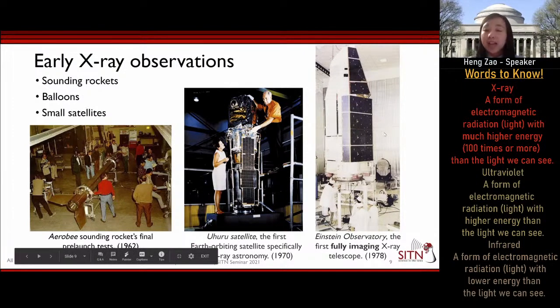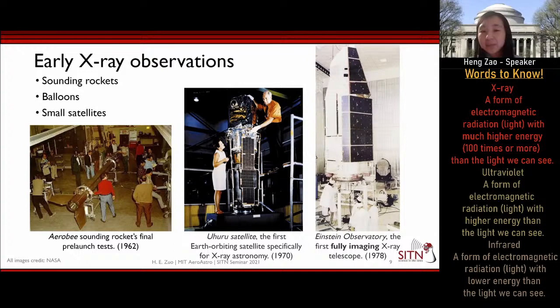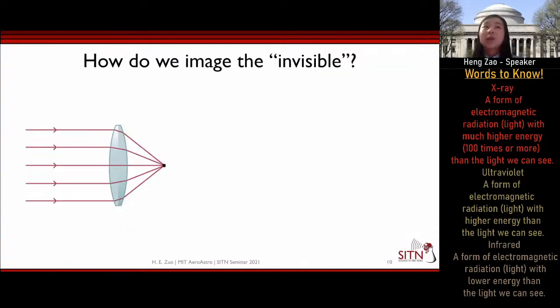So before that, we were basically only collecting photons, like collecting light, but not really looking at the stars or objects. But from this point on, we start to really try to obtain an image of the objects. It's like when you wake up in the morning, before you open your eyes, you can feel there's light coming in.